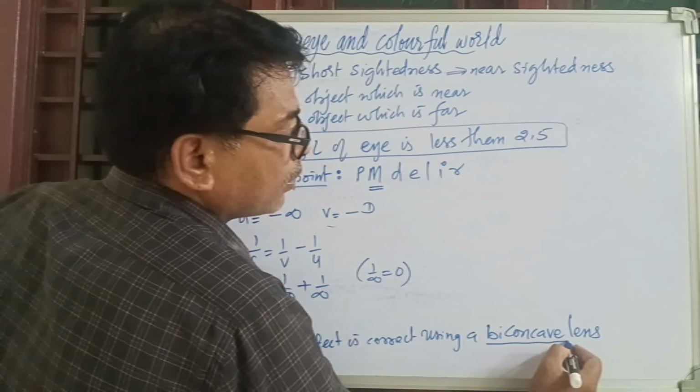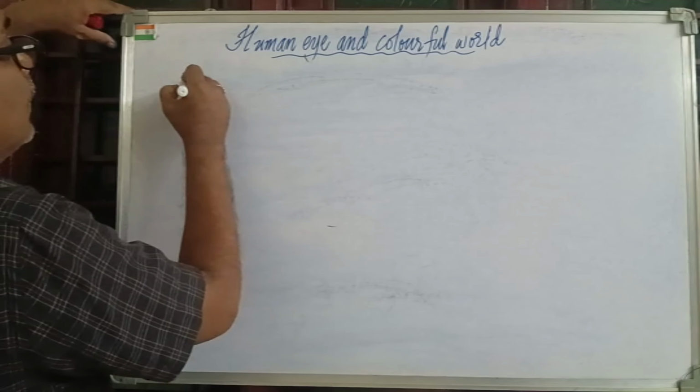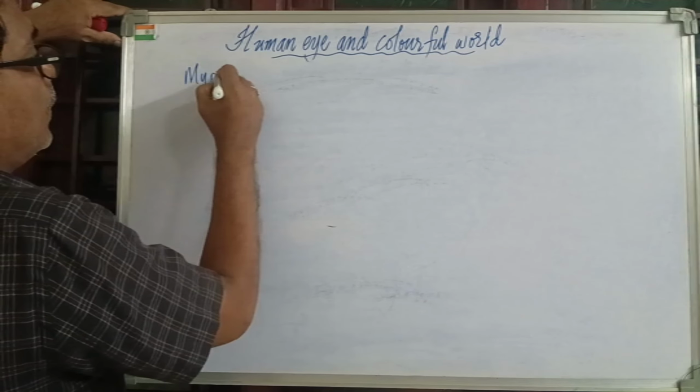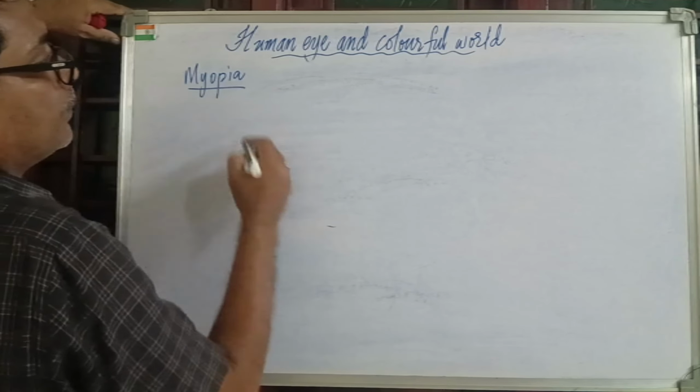Now I will show you the diagram and the defect and correction part of myopia. For this I can advise you, you better use 4 sets of diagram. Now let me show you myopia diagram formations. Myopia.